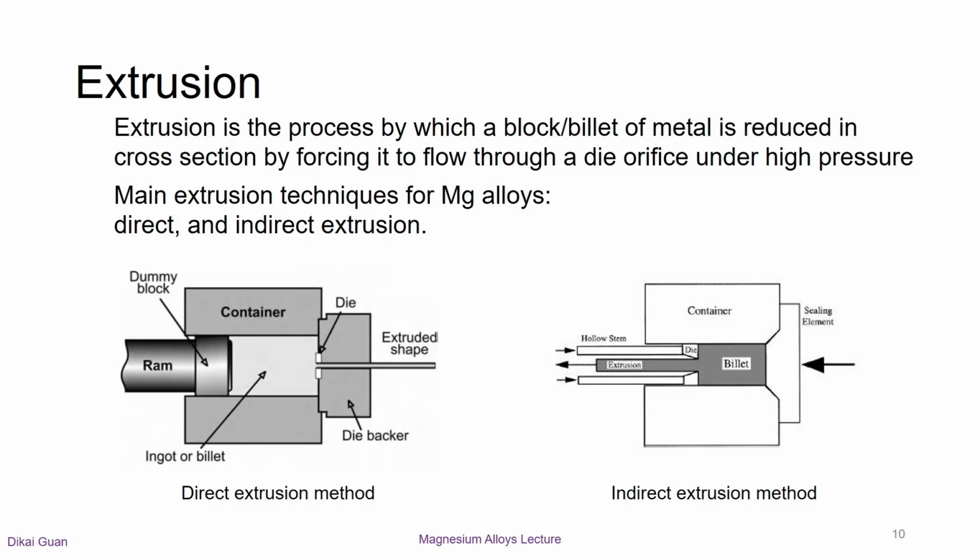In most instances, the direct extrusion process, as described in the left image, is employed for magnesium alloys. The container, dummy block, and die are kept at the same temperature as the billet, but 25 to 50 degrees Celsius below the extrusion temperature.